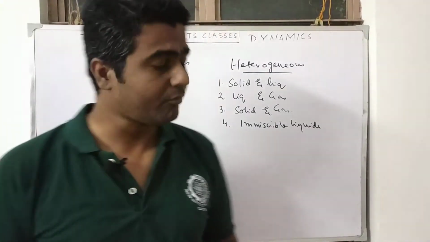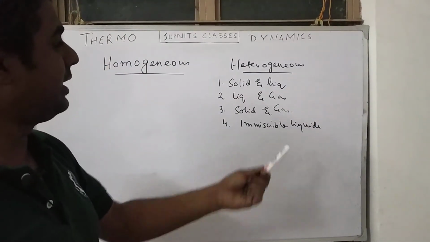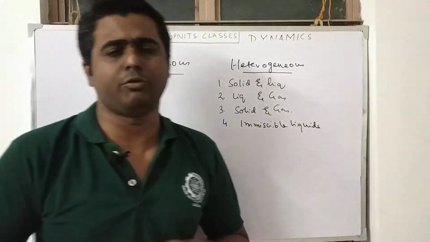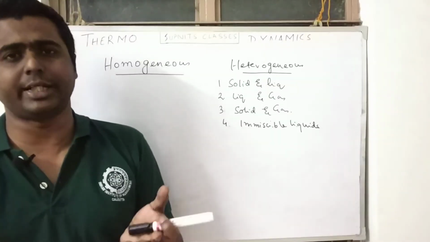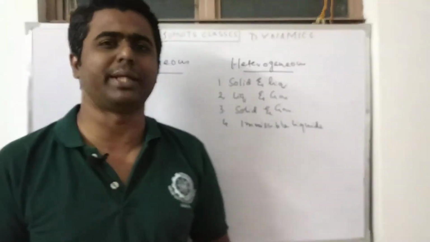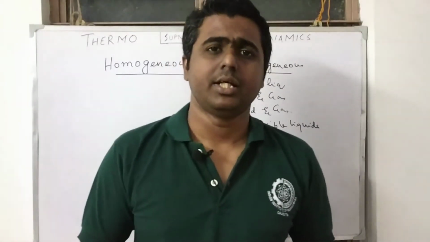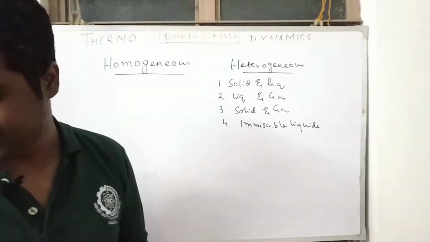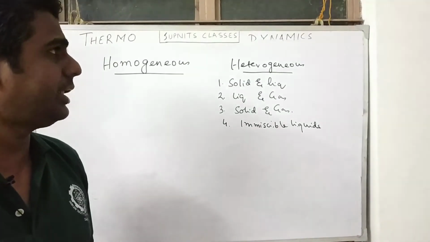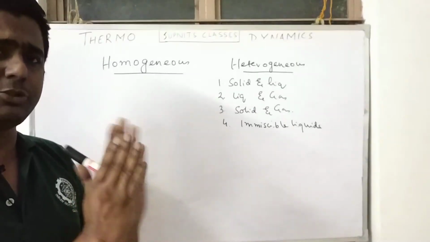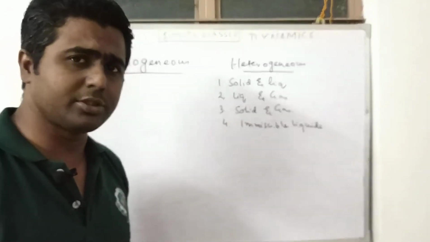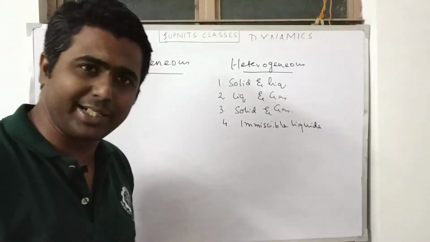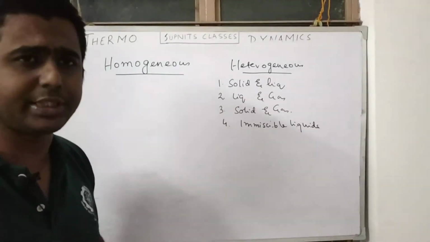Okay. So immiscible liquids means, suppose I have a bottle of oil and a bottle of water and I mix those two inside a beaker, it will not get mixed. So in that case, it's a heterogeneous system. It's no more a homogeneous system. So when there is a marked difference between two phases, which you can mechanically separate, that means it is a heterogeneous system.